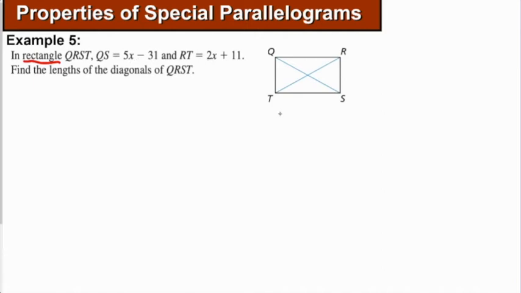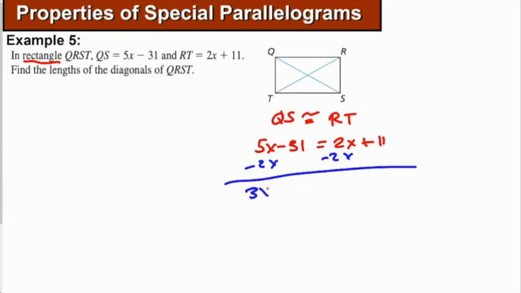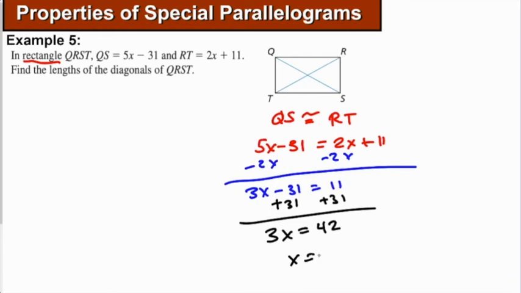Since QS and RT are diagonals of a rectangle, we can say they're congruent and set the algebraic expressions equal to one another. And when we solve, we get that x is 14.